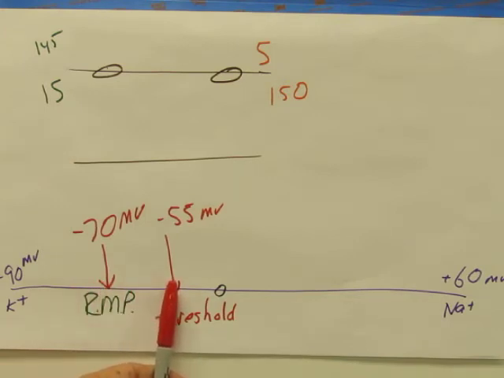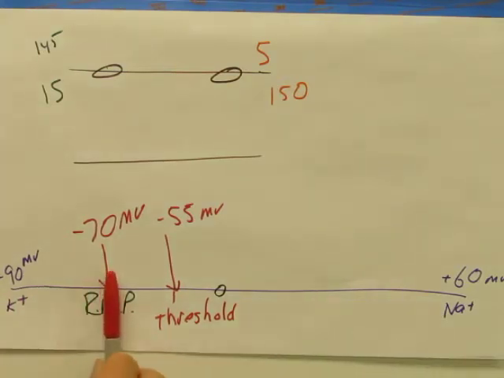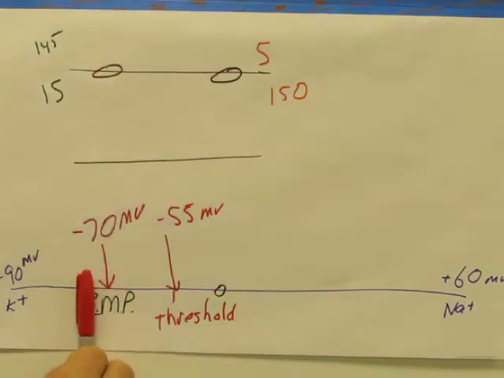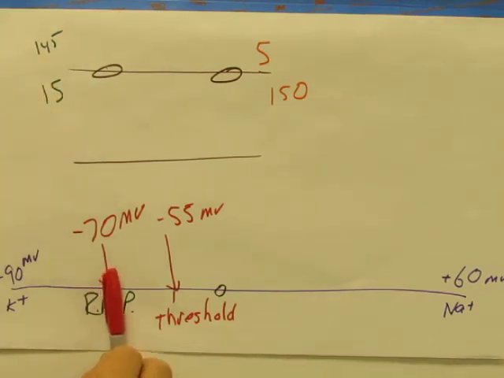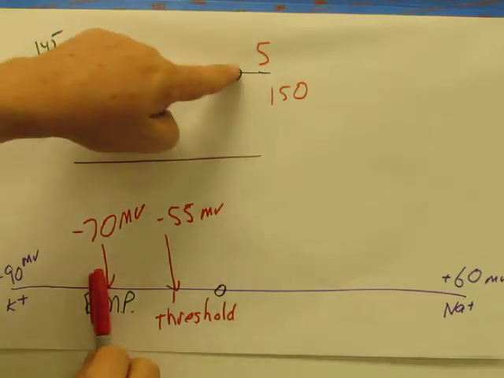We'll discuss that in the next video. Until then, we begin at negative 70. If we decrease the flow of potassium out, the membrane potential will go more in this direction. If instead you increase the flow of sodium in, it tends to go more towards sodium, more that way. So the voltage of the membrane can go back and forth based on how the flow is on these two ions.